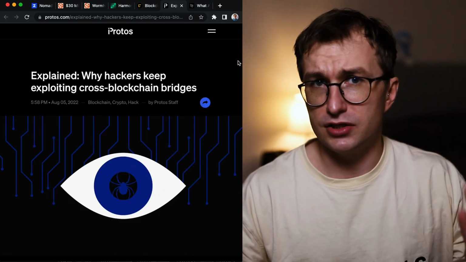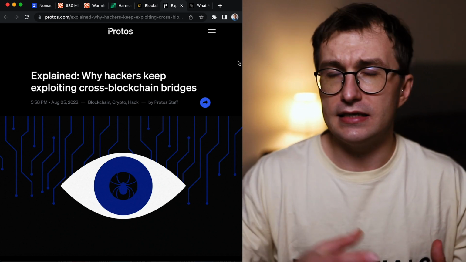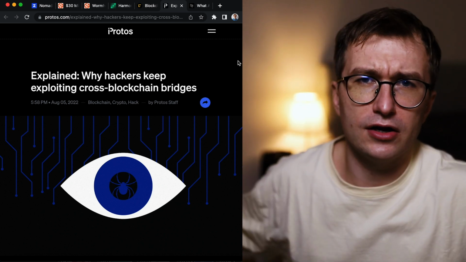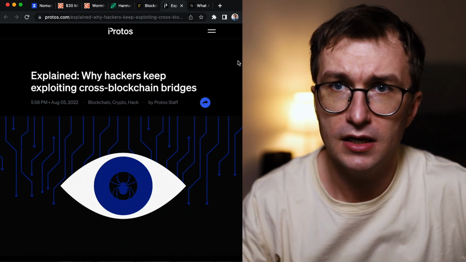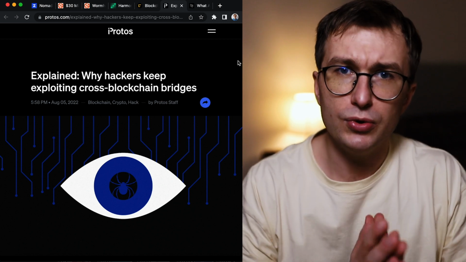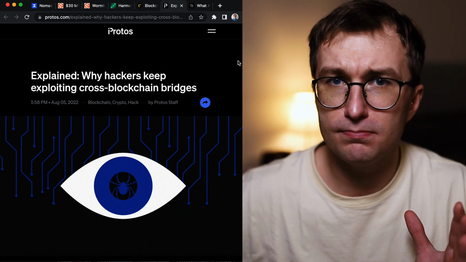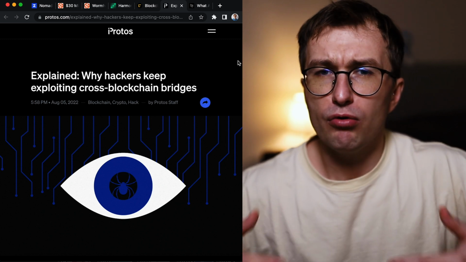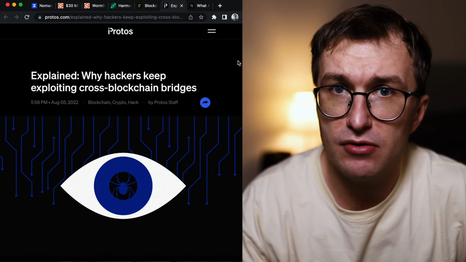So imagine Ethereum and the ETH token, which is the native token on Ethereum, and let's say you want to bridge it to the other ecosystem, Solana, Polygon, Cosmos, whatever. You can't move this native token to the other blockchain natively with current bridge development and with the current ecosystem.